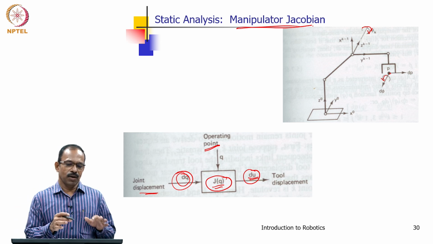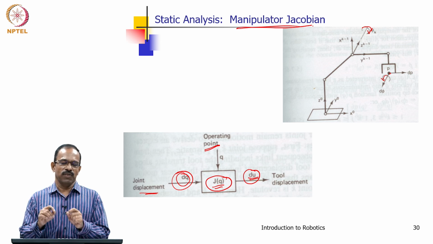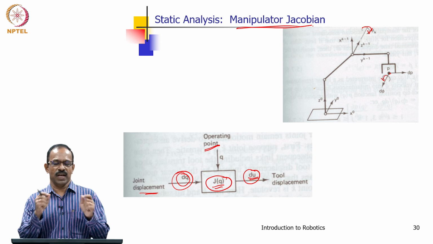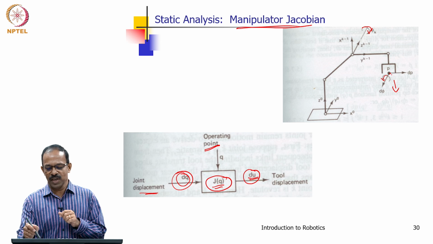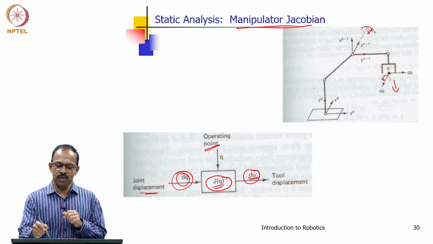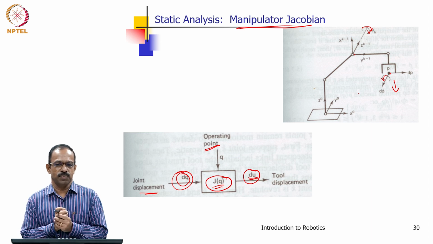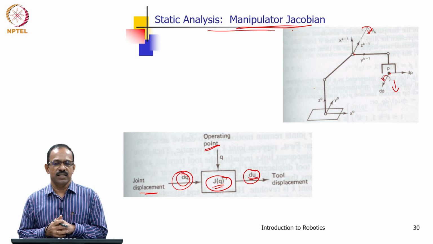Once you have this relationship, we can relate the displacements and therefore use it for static analysis also. How much it can deflect if I apply a force here, or there can be a displacement at this point, and that may lead to some displacement here, and that can be used for finding the static relationship. So, that is how we can use the manipulator Jacobian.